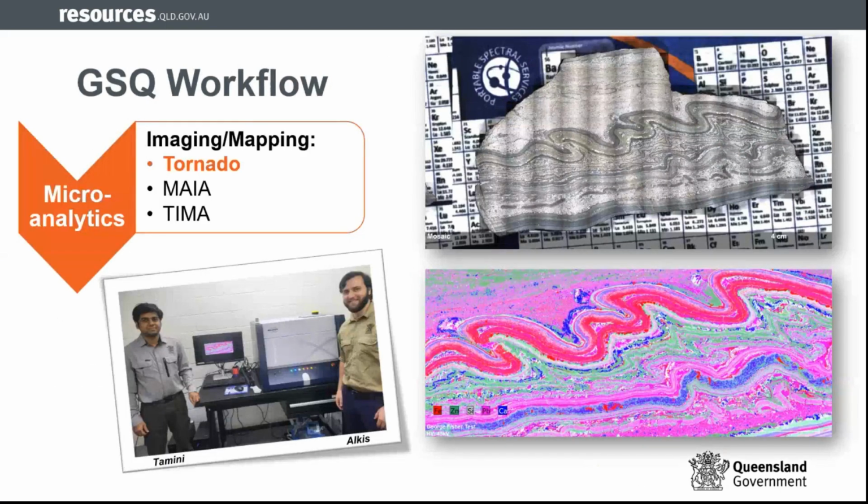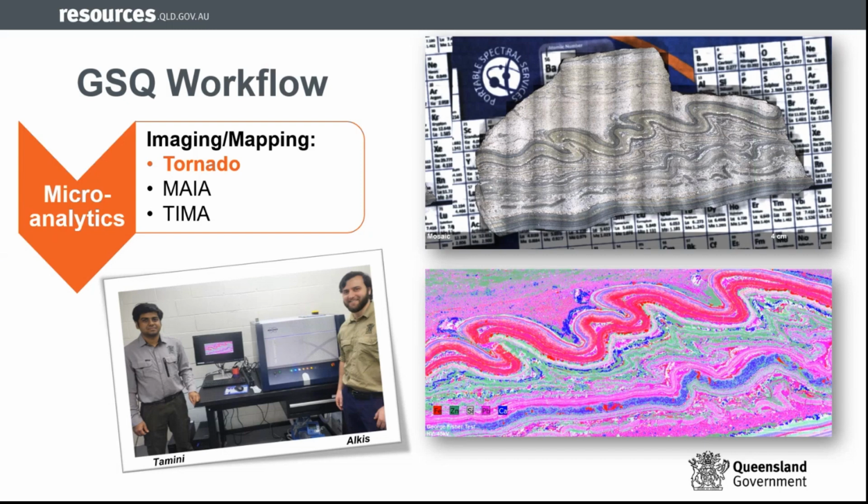We're also very proud to have our own Tornado instrument, which was installed last year. And Alkis and Tamini are the super users, so they look after this instrument and ensure we run it daily. So Tornado is now used in the routine of sampling work.